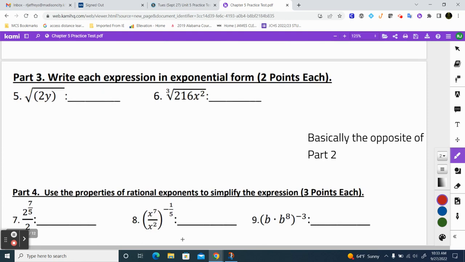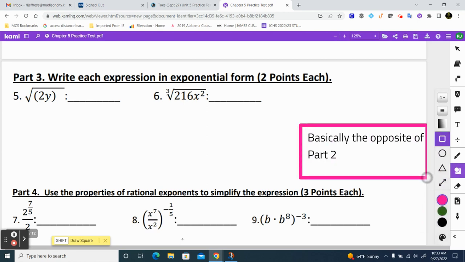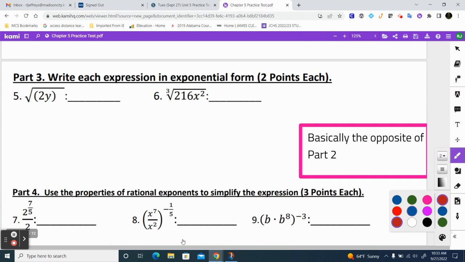So, part 3. Basically, the opposite of part 2. Wow, what a crazy concept. All this is being raised to the first power, and this is understood to be a 2.